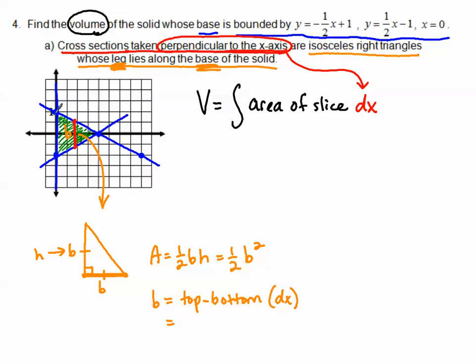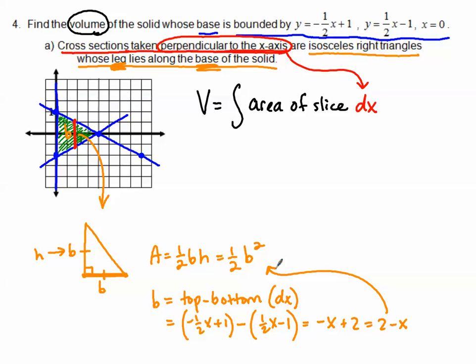Top function is that line that we graphed first, -1/2 x plus 1. Bottom function, the line we graphed second, 1/2 x minus 1. Of course, simplify this because it's easy to, although you don't have to, but we will. -1/2 x and -1/2 x is -x, and +1 and +1 is +2. Call it 2 minus x, that's easier to see.